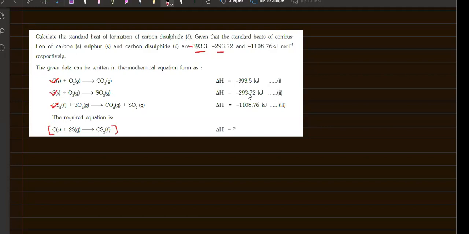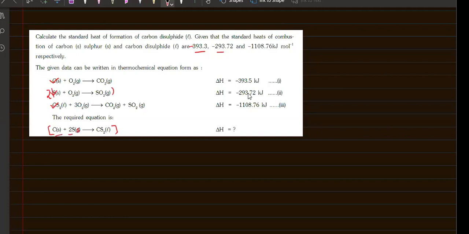Now what do we have to do to get this? Just multiply this whole reaction by 2 to get this reactant.